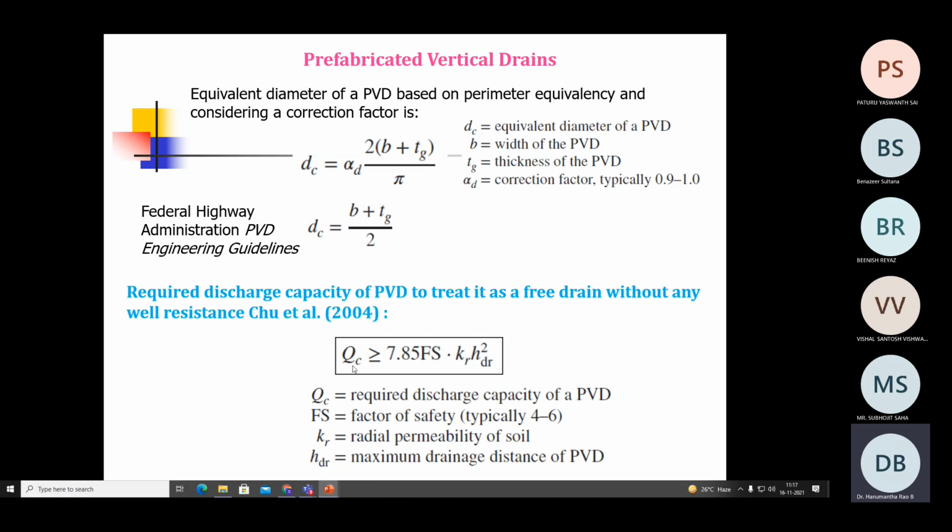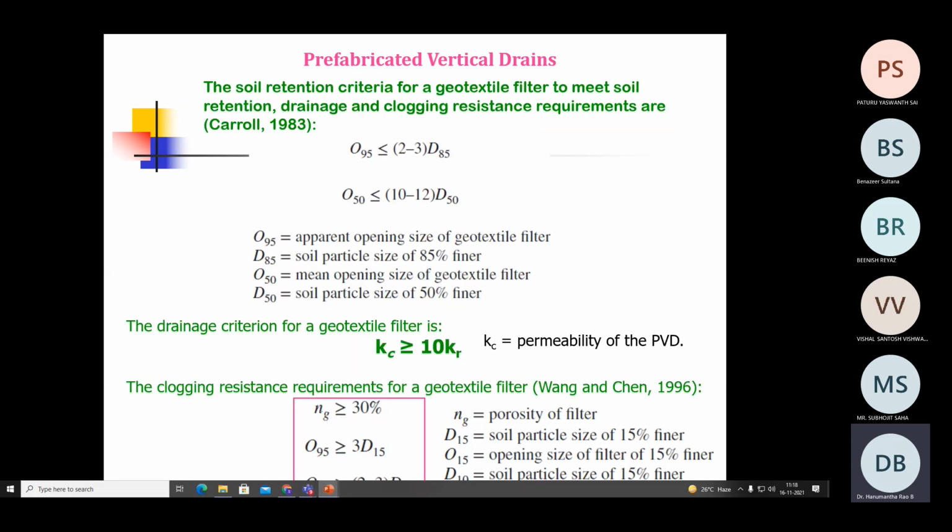The total discharge capacity should be greater than or equal to 7.85 times the factor of safety times Kr times H square, where QC is the required discharge capacity of a PVD, FS is the factor of safety, typically 4 to 6, Kr is the radial permeability of the soil, and HDR is the maximum drainage distance of the PVD. Once it is ascertained that the QC is greater than this formula, only then is that PVD allowed to be used in the ground. Otherwise, that product will be strictly discarded.